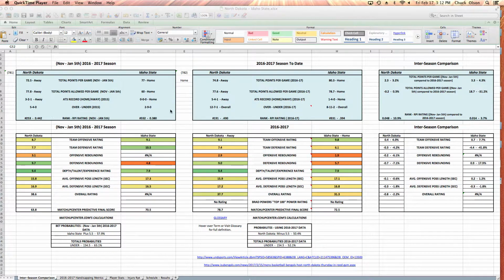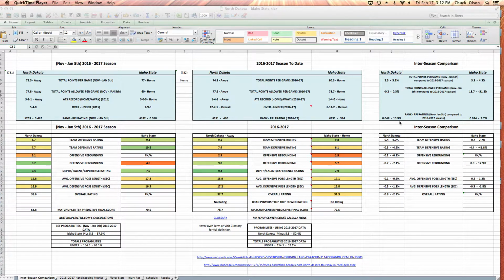Same thing with over and unders. We can get an idea of whether they are scoring more or less as opposed to what the spread and the market are setting as the prices. Idaho State looks like an under team, where North Dakota looks like more of an over team. Finally, we're going to look at the RPI. North Dakota is 490, where Idaho State is 394, which tells us that North Dakota is ranked higher from an RPI perspective.